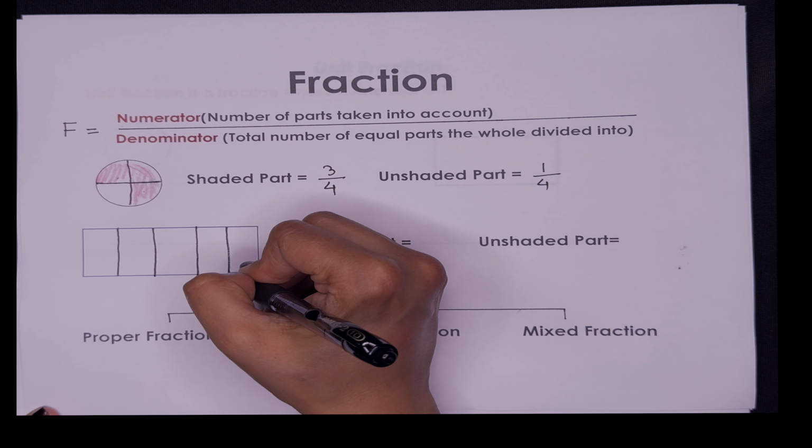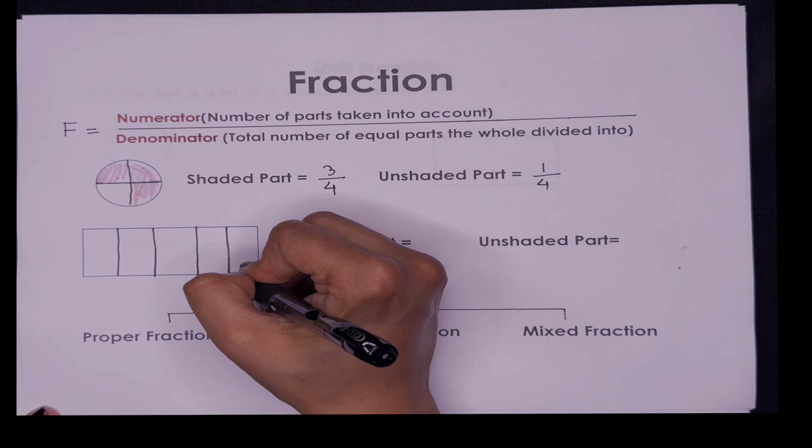So the denominator will be 5. And how many parts are shaded? 1. Now look at the unshaded part. There are 4 parts that have not been shaded. So 4 will be the numerator, and as usual we have 5 equal parts. So 4 by 5 will be the unshaded part.